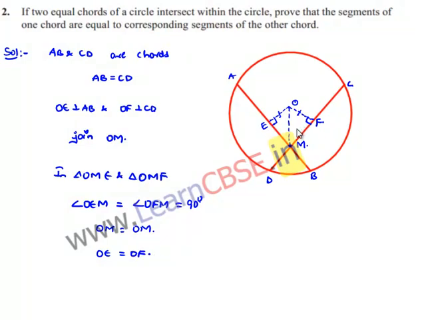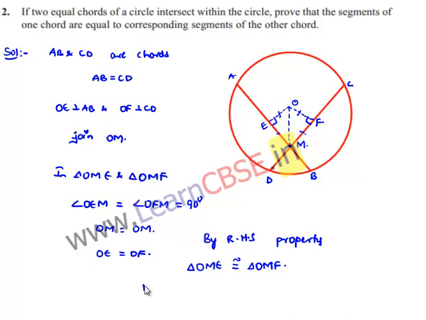Therefore by the R.H.S. congruency property, both the triangles are congruent, that is, triangle OME is congruent to triangle OMF. Since the two triangles are congruent, their corresponding sides can be equated.